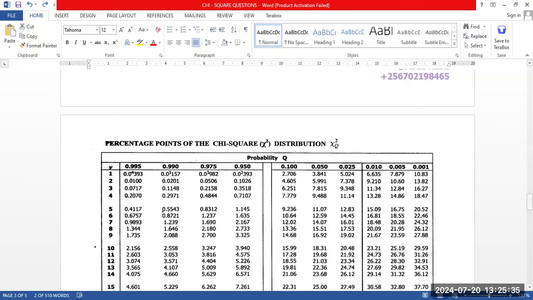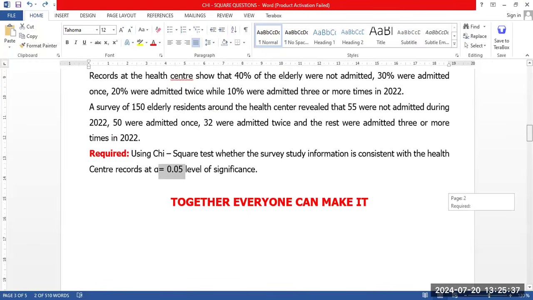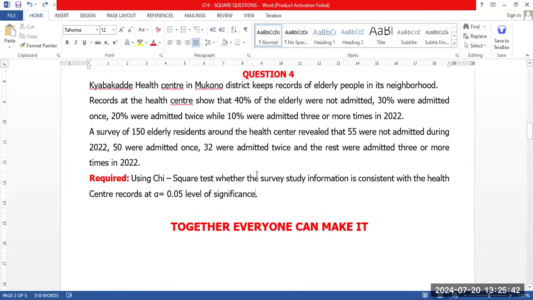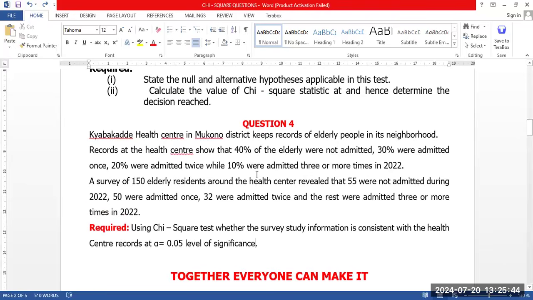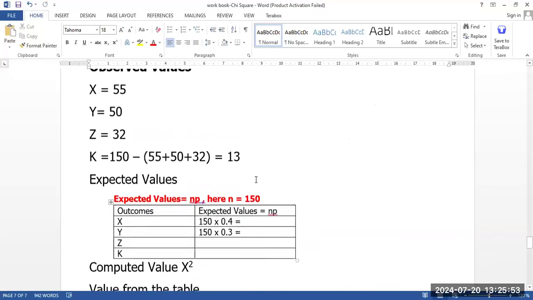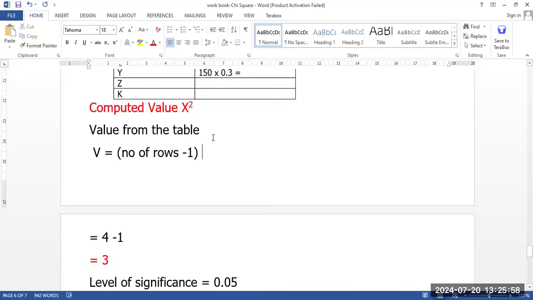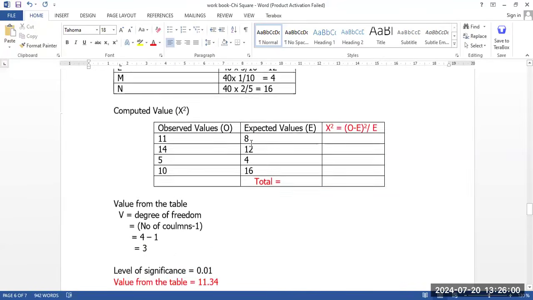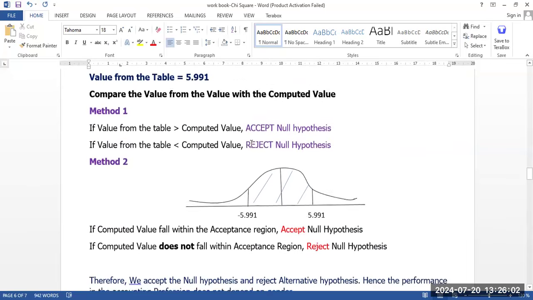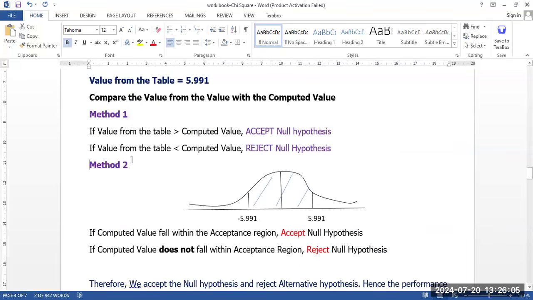So colleagues, that's all. That's all for our question 4. So you will just compare the computed value, which I believe you will do. And for conclusion, you will apply either method 1 or method 2 to conclude.